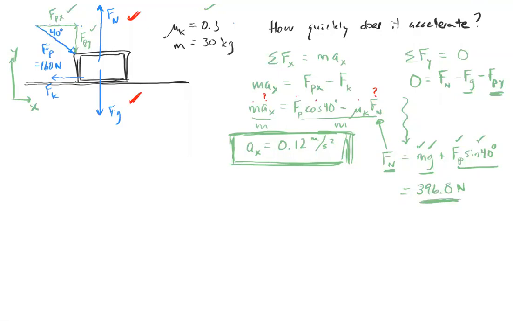And that means that the kinetic friction force, even though it's the same surfaces and the same object, F sub n is bigger, and so this term is considerably bigger, and so it cancels more of your horizontal push in this case. So your acceleration is relatively tiny compared to the last case, okay?